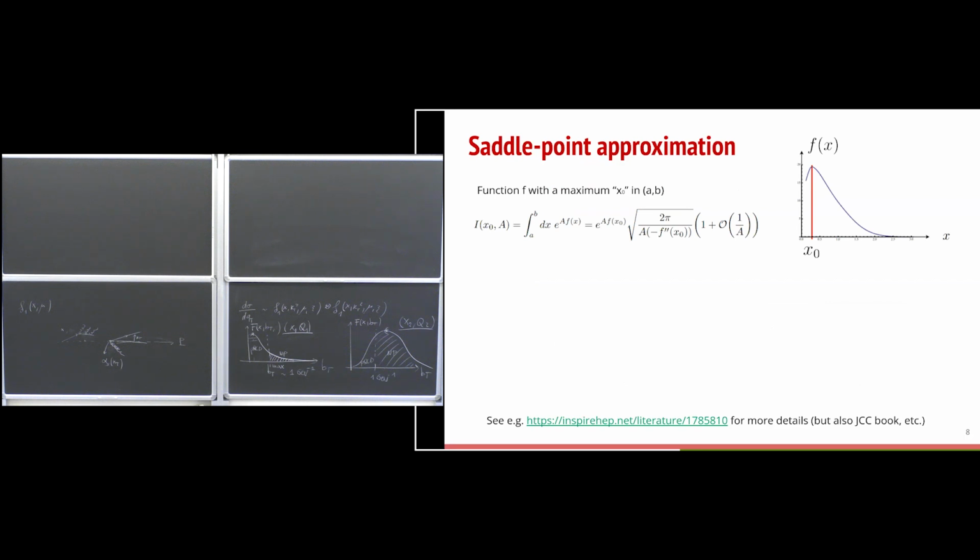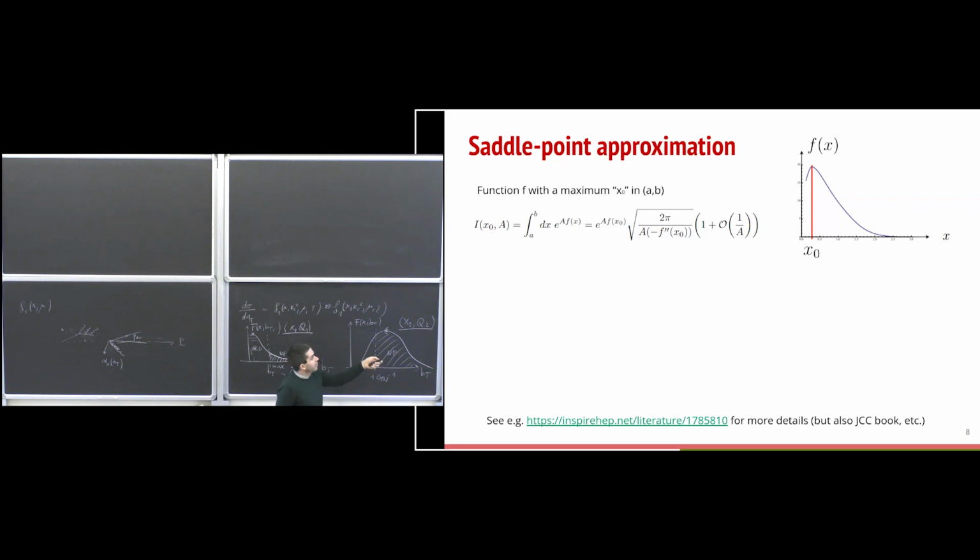Yeah, probably yes. So if you have a certain integral of this type, where you have a function f of x that does not oscillate too much, and you integrate the exponential of this function, and you can extend the integration region from minus infinity to plus infinity, then in order to calculate the integral, instead of calculating the integral itself, you can evaluate the integrand at a certain x0, which is called the saddle point of the integral.